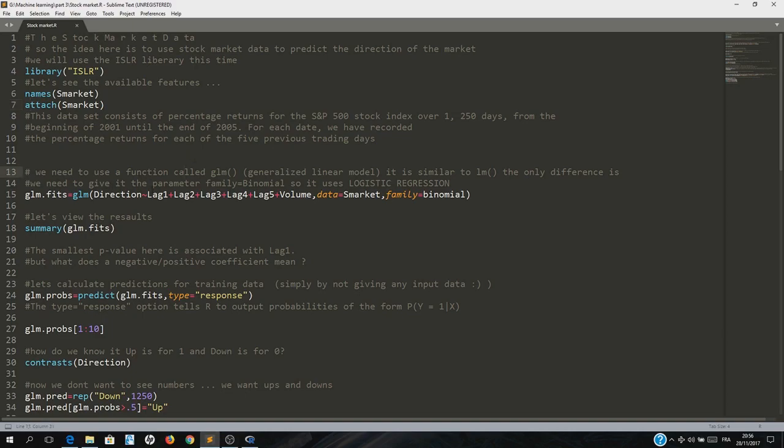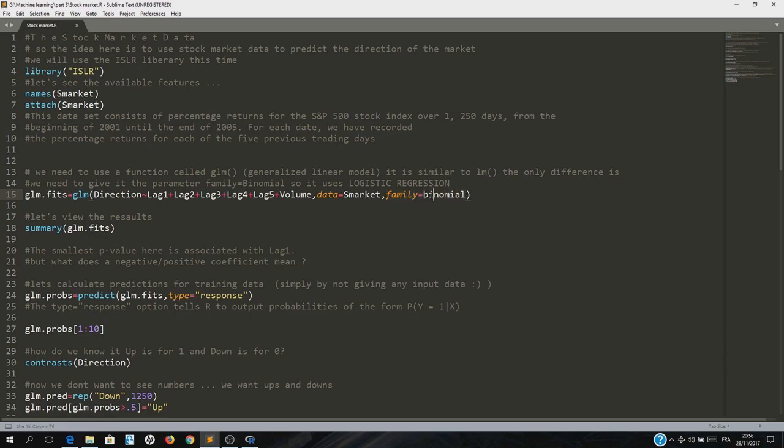So now how do we create our model? Compared to Python, R is super easy, super simple. Last time we used lm, which stands for linear model. Now we're going to use glm, which is a generalized linear model, but we need to specify family equals binomial.